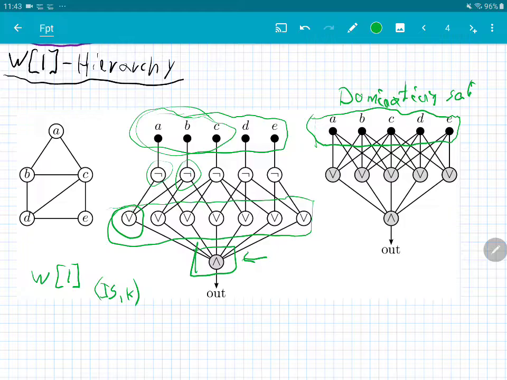And now every vertex in the graph is an OR gate, which gets an input from itself and all its neighbors, right? And it just says you have to pick one of them. So this gate is 1 if and only if this vertex is being dominated by the selected set of vertices, and then you just need to take the AND, right?